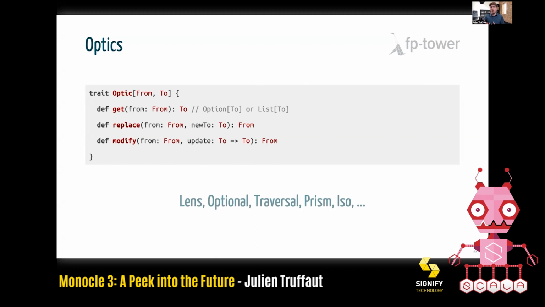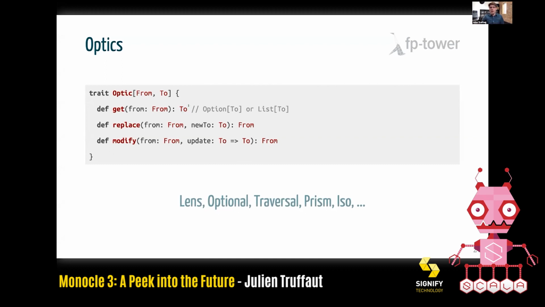But to be honest, we don't really need to understand the distinction between these optics. The only thing we need to know is that between different kinds of from and to, there are different relationships, and each optic encodes one particular kind of relationship. Generally speaking, the main difference is around this get method. If you have a user, you're always able to access his name, so it's always one value.